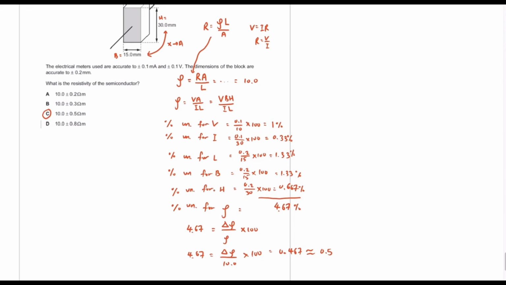If the formula is something plus something, we add the absolute uncertainty straight away. But if the formula is multiplying or dividing, we add the percentage uncertainty. So we add different things.